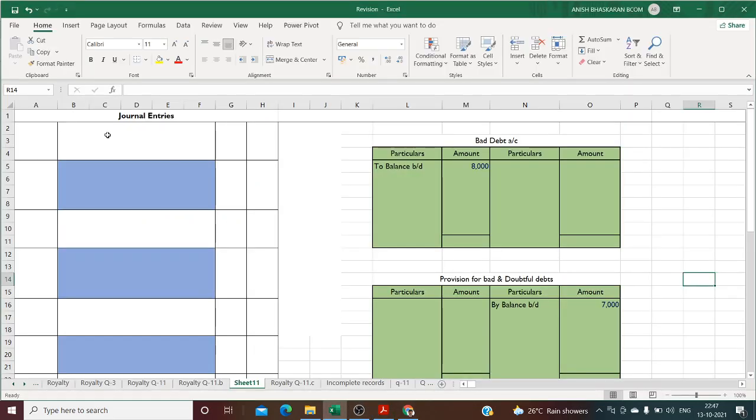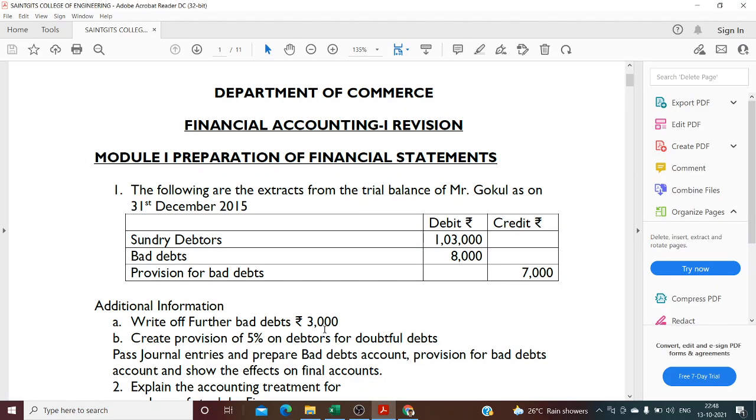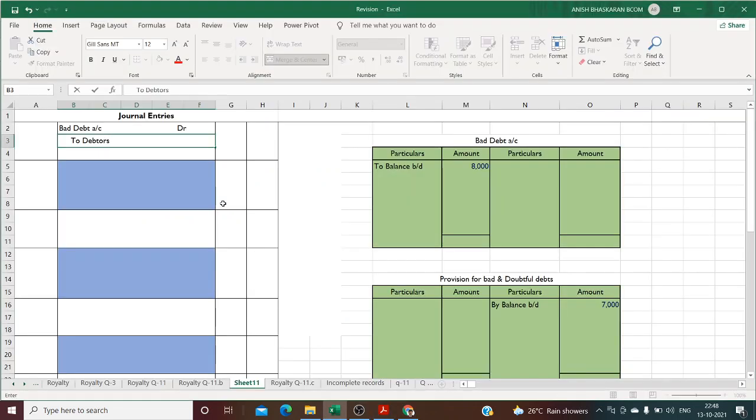Entry will be bad debt account debtor to debtors, amount rupees 3,000.